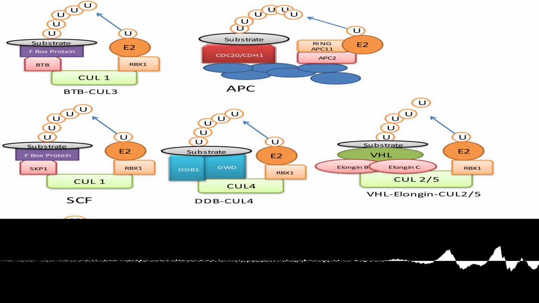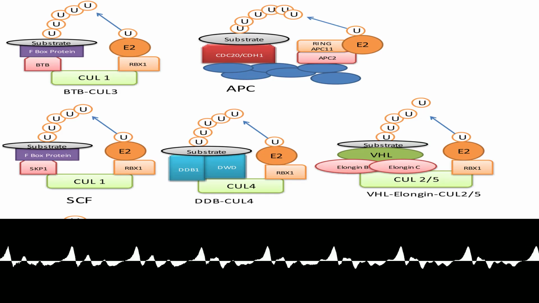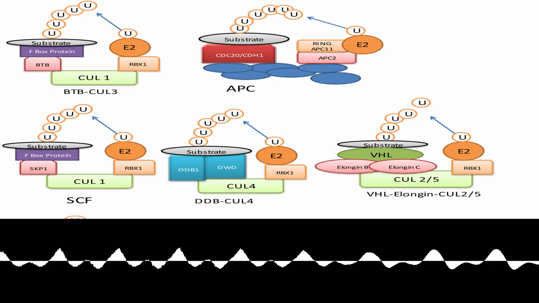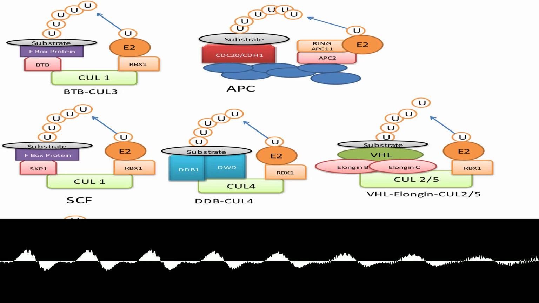Section 3: Identification and characterization of E1, E2, and E3 enzymes. Having established the existence of E1, E2, and E3 enzymes, the next step was to identify and characterize these proteins.